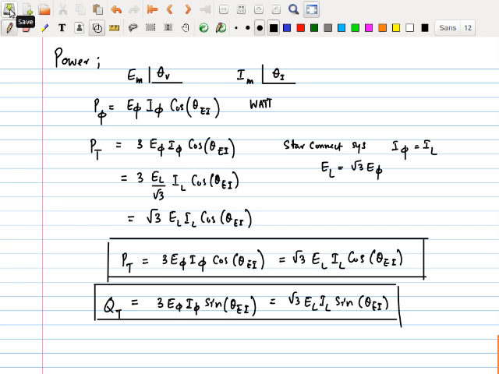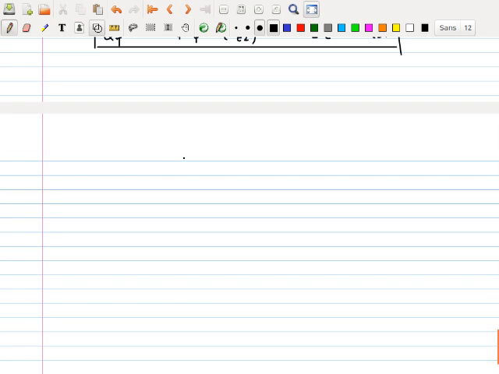Here is a three-phase load. If you have a three-phase load, generally in books they draw it on the other side. So here is a three-phase load. Box, because it is an impedance.